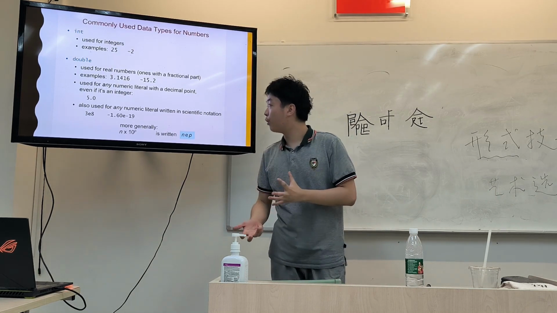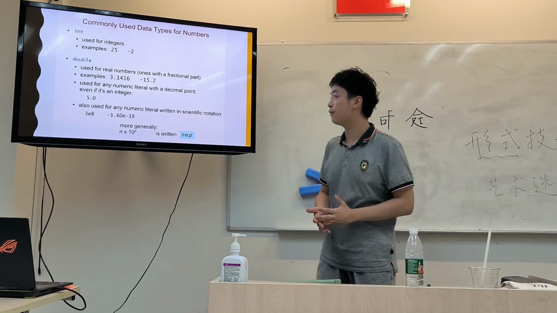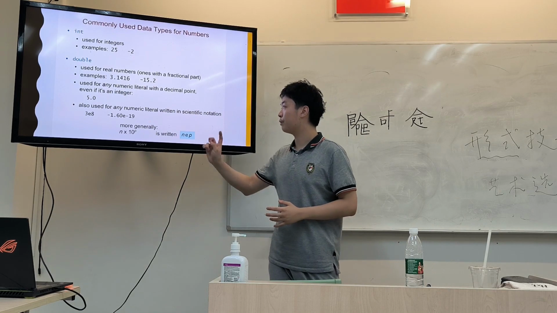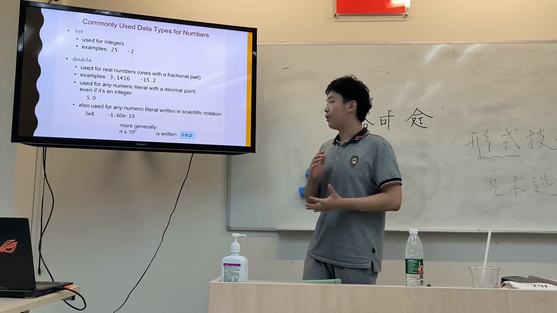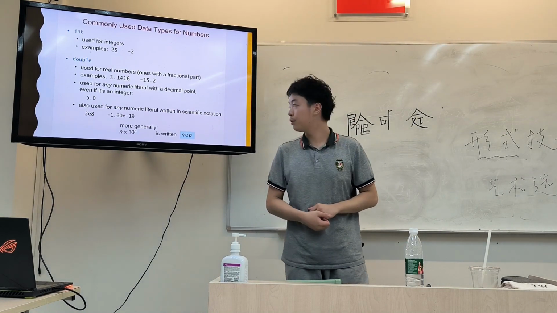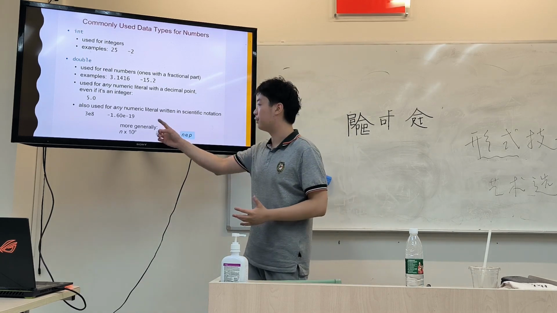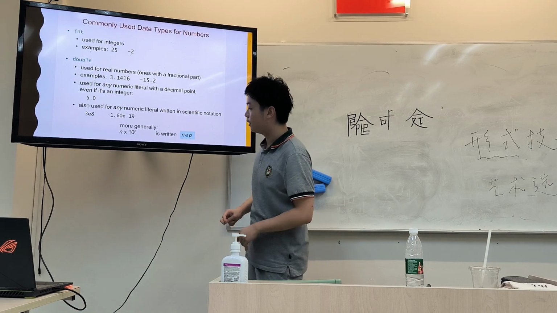They are used for any numeric literal with a decimal point, even if it's an integer. For example, if you assign 5, it will be 5.0. They are also used for any numeric literal written in scientific notation. For example, if you want 8 zeros after 3, you can just put 3E8.